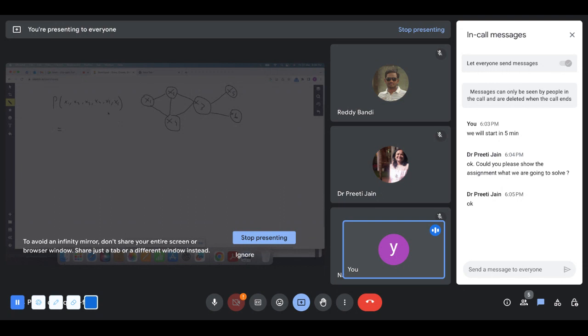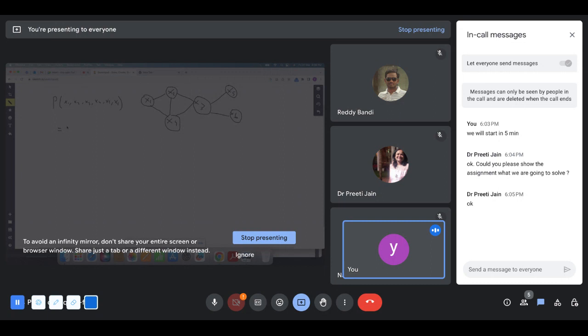Basically, what we do is we take the cliques in the graph. A clique is nothing but a maximal connected subset of the graph. So in this graph, we have cliques like x1, x2, x4; x2, x3, x4; x3, x5; and x3, x6.